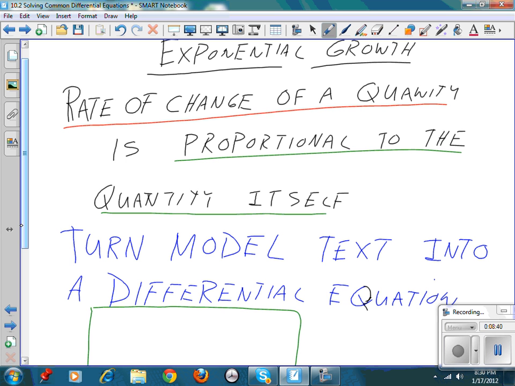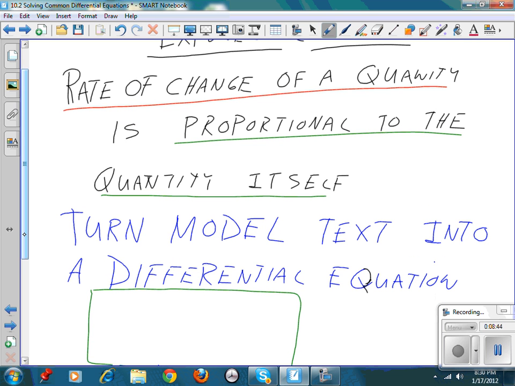Turn the model text into a differential equation. The rate of change of a quantity, well, I'm going to call that dp dt. It's proportional to the quantity itself. What's the quantity? The quantity is p, so I'm going to say that's equal to r times p.